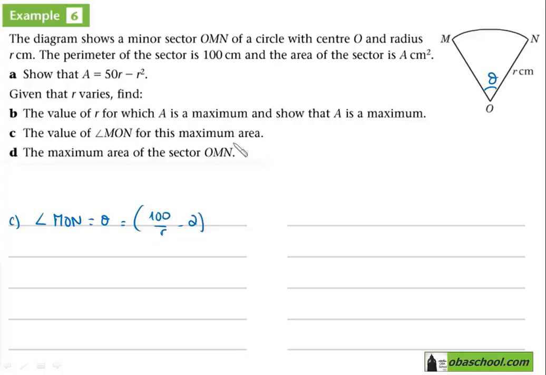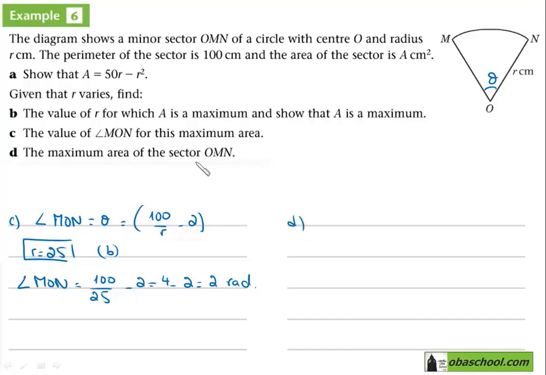And we know that at maximum area, the r is 25. We got this answer from part B. Now we need to substitute. Angle MON to be maximum is 100 over 25 minus 2. 4 minus 2, so it equals 2 radian. This is the value of theta when area is maximum.